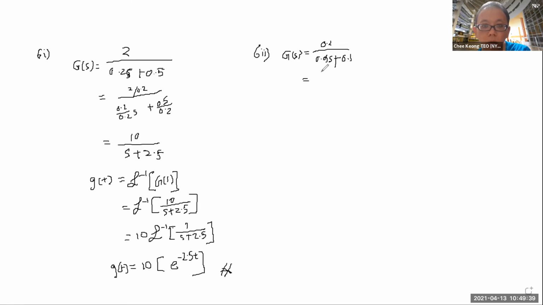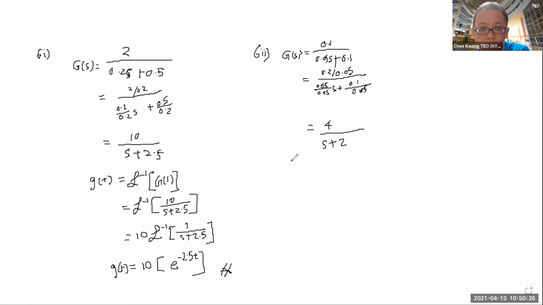So 0.2 divided by 0.05 for the top, and then 0.05 divided by 0.05 for s, plus 0.1 divided by 0.05. 0.2 divided by 0.05 you get 4, over s plus 0.1 divided by 0.05, you get 2.